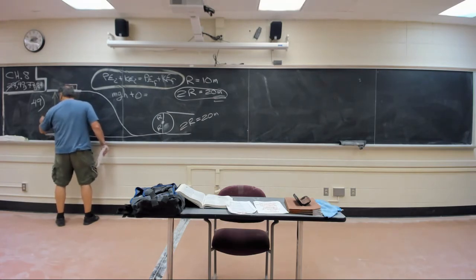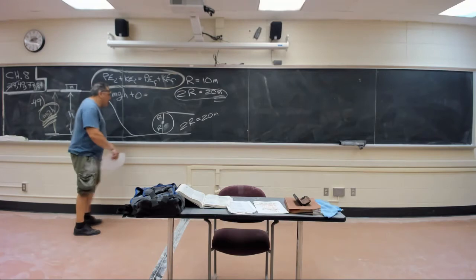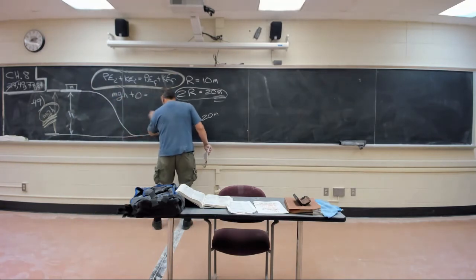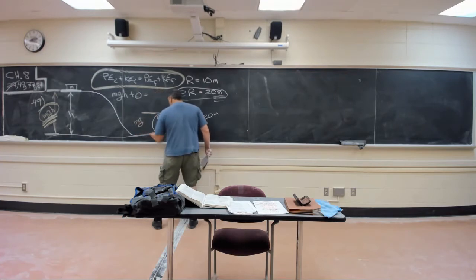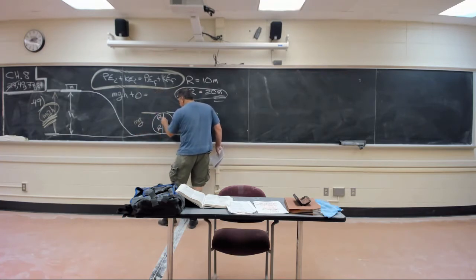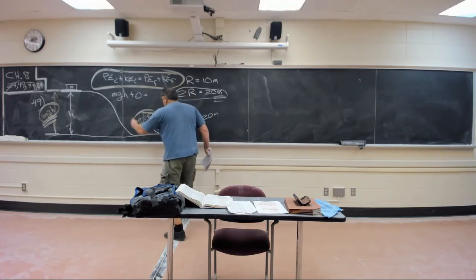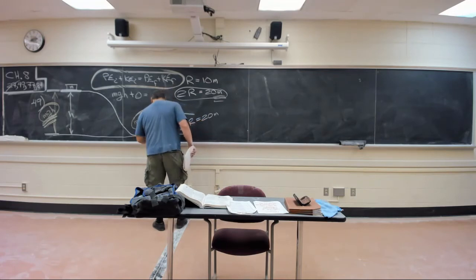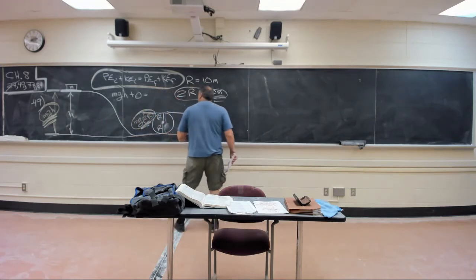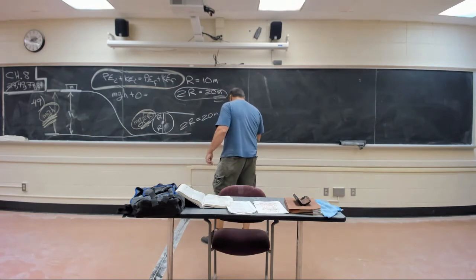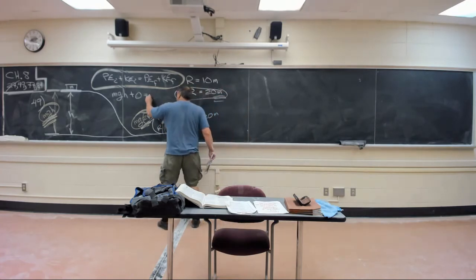You could say mgh right here, and then right here is another mgh, but the height here is 2R. So you got mg2R right there. And it's going to be going fast.